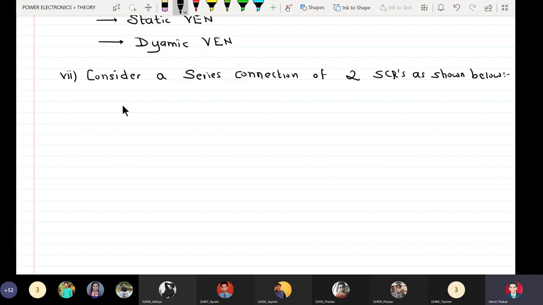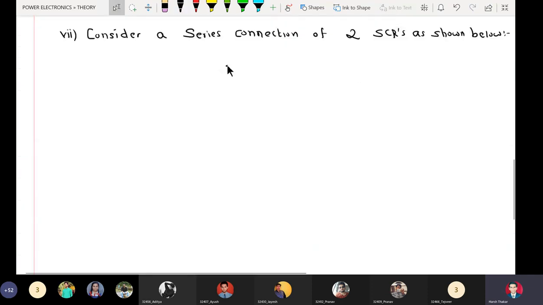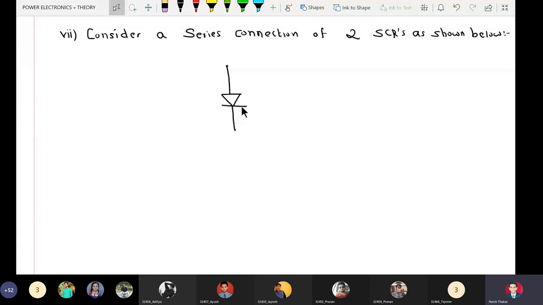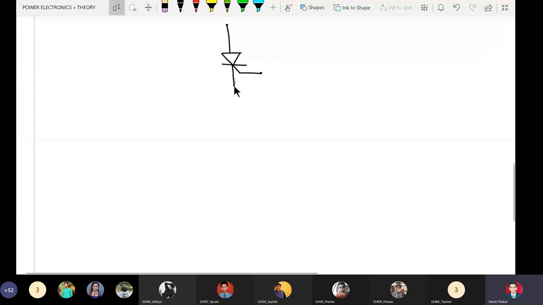So we have the first SCR and in series with this we have the second SCR, with its terminals: anode, cathode, gate, anode, cathode and gate.